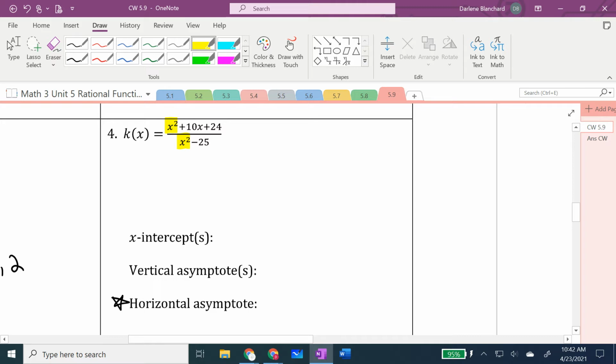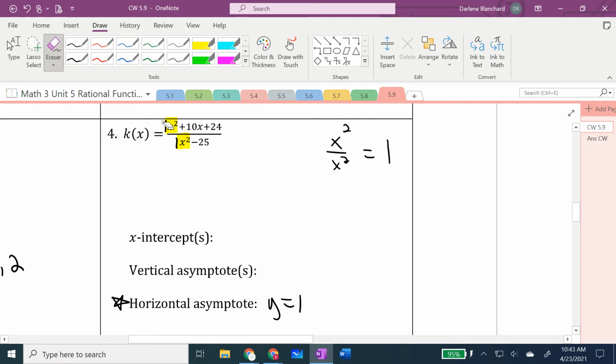If you actually just took the leading terms and wrote them down and simplified, you would get the horizontal asymptote. And the leading coefficients, if there's nothing written, those are 1s. So 1 divided by 1 gives you 1, and that is your horizontal asymptote.